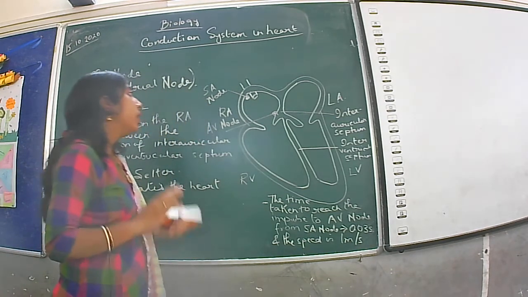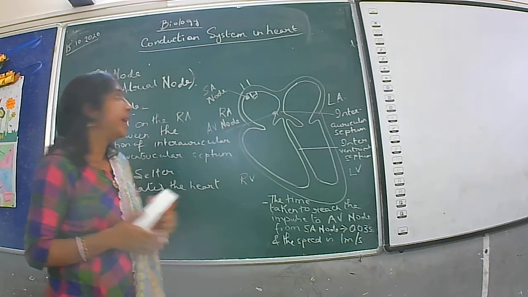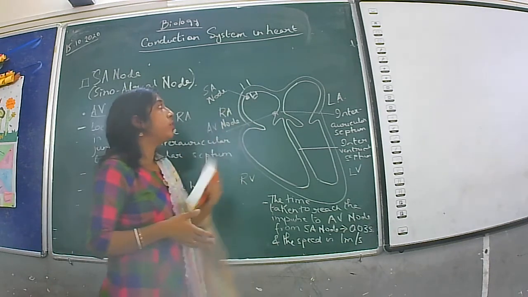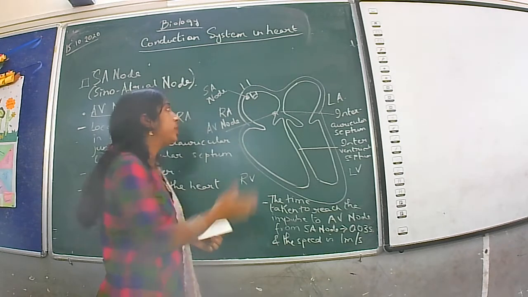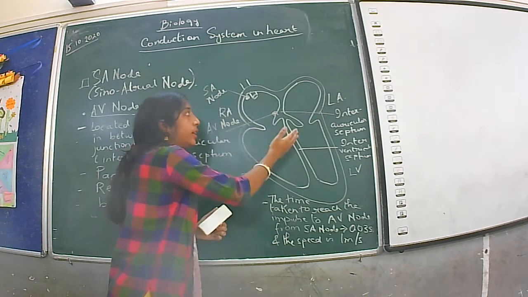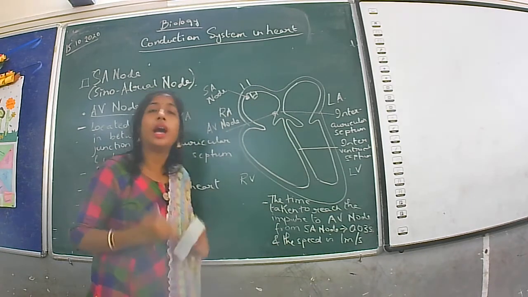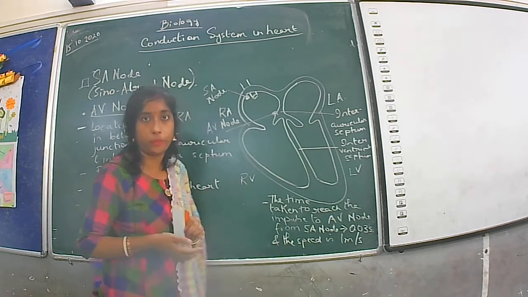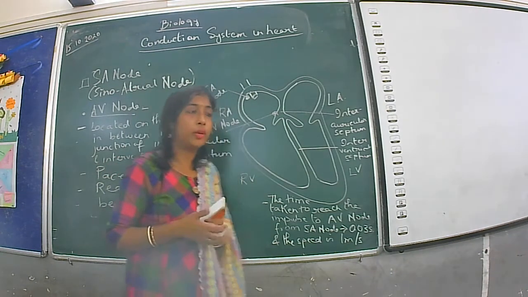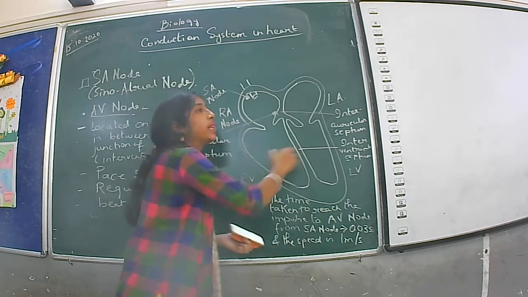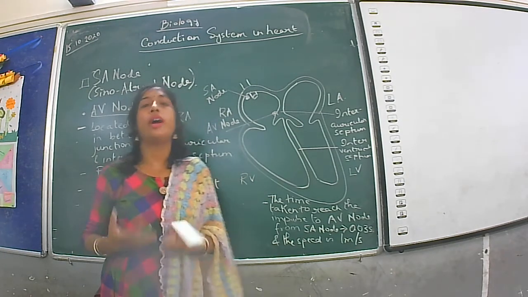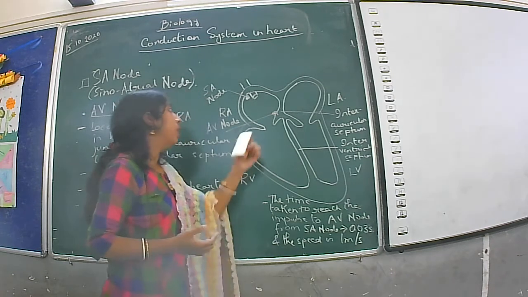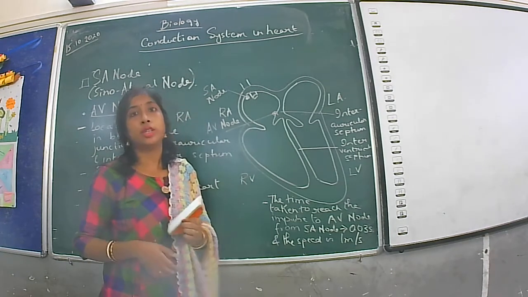Now, the question is, if the impulse is being transmitted to the right auricle and left auricle through the cardiac muscles from the SA node, I have already explained that. All over there are cardiac muscles, right? So what is the requirement of this intermediate structure, the AV node?